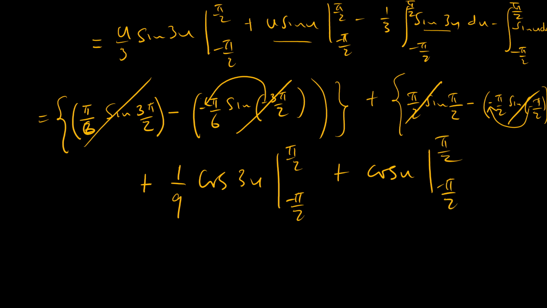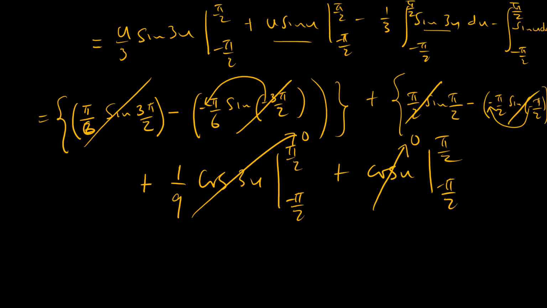Again, cosine 3 pi over 2 is 0, cosine of negative 3 pi over 2 is 0, so this entire thing goes to 0 as well. The same thing here goes to 0. Cosine pi over 2 is 0, cosine negative pi over 2 is 0.